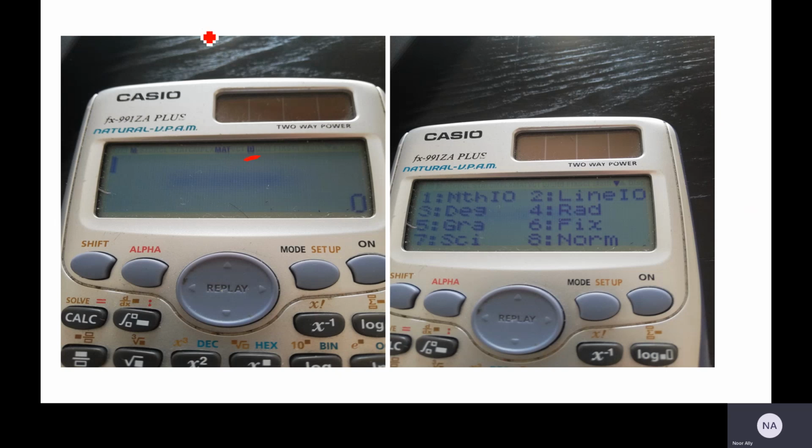So this is the mode that you need to look at: either degrees, D, or radians, R. Many calculators actually have D or G. The R is radians, the D is degrees.